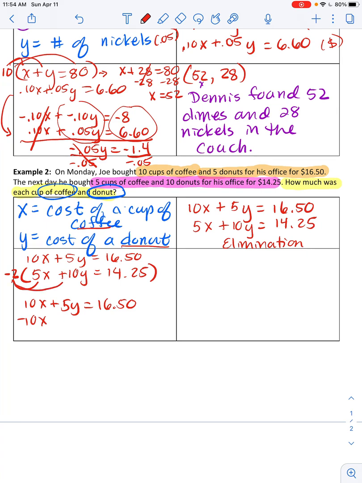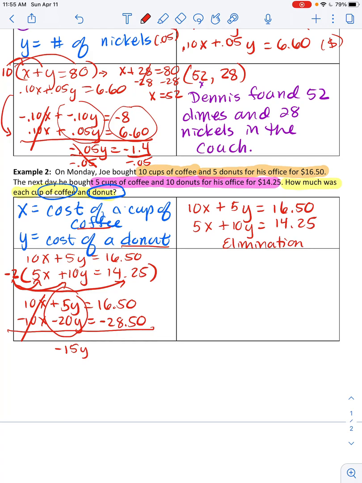Then distributing that -2 to everybody, I have to multiply everything in that bottom row by -2. So I end up with these numbers in my bottom row after multiplying each piece by -2. Now I draw my big fat line. I can eliminate my x's, a positive 10x and a negative 10x. These will combine to be negative 15y.